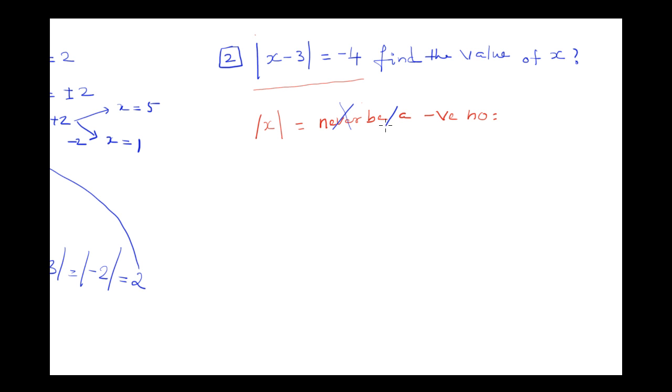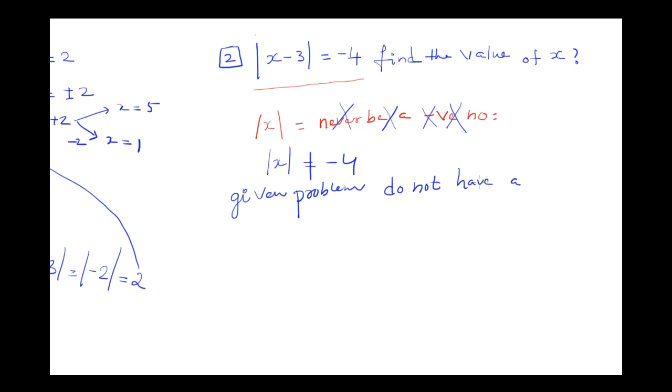So absolute of x can never become minus 4. This is impossible. So in this case, the given problem does not have a solution.